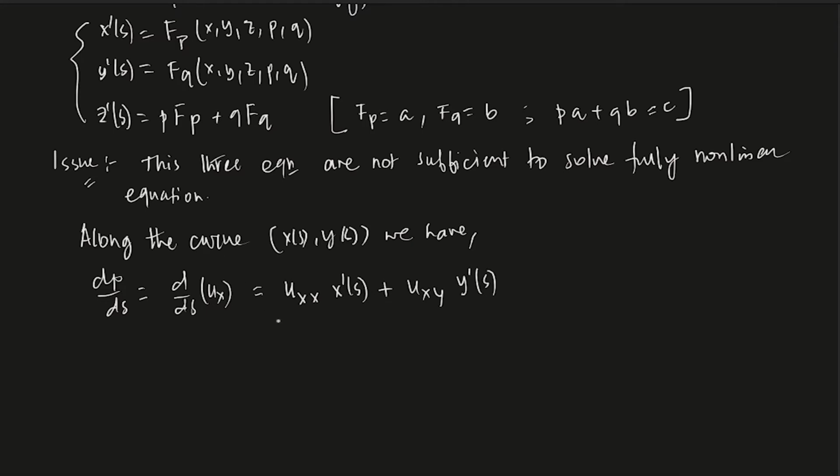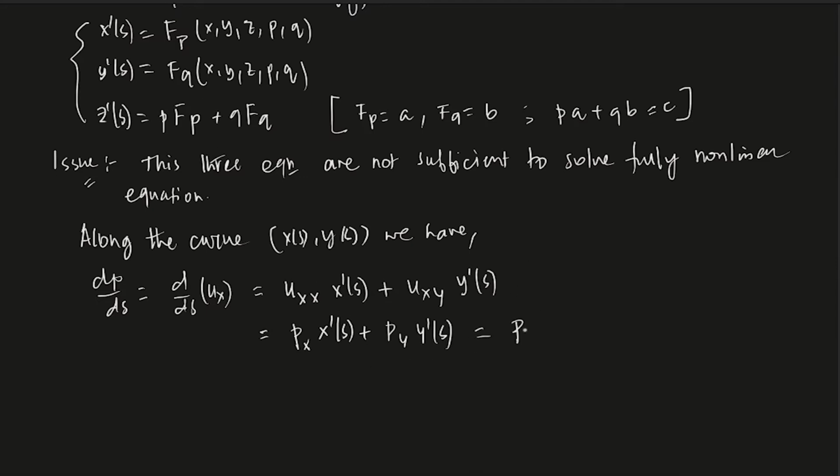Now I don't want to involve any second derivative like this. So I will just write it as px x prime of s plus py y prime of s. Now what is x prime of s? It is given by fp.